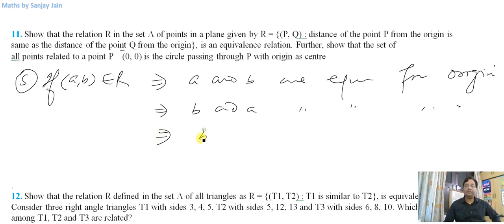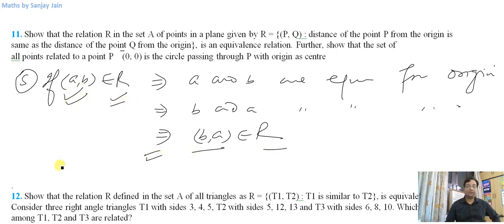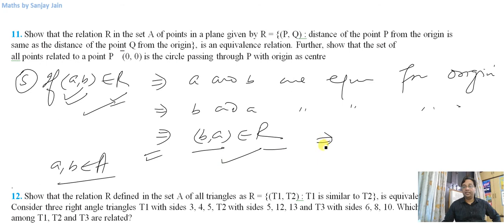That will imply BA belongs to this relation R. So if the presence of AB in relation R implies the presence of BA in relation R, then I can say this relation is symmetric. So I have shown you that it is reflexive, it is symmetric.